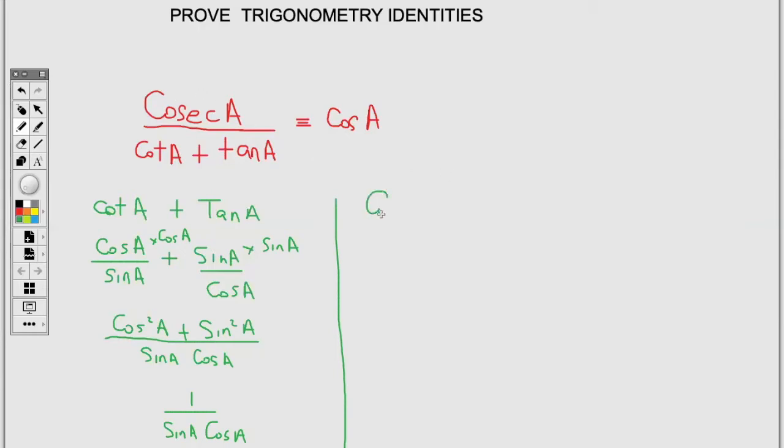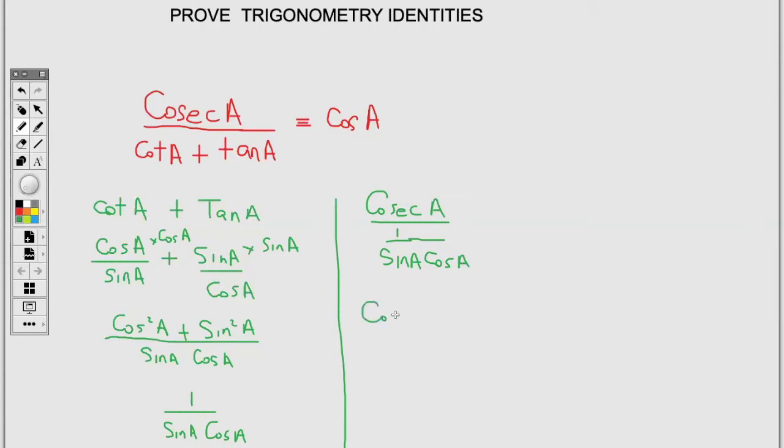So I'll rewrite the numerator for the left hand side as cosec A, and replace the denominator to be 1 over sine A times cos A. Now cosec A is in the numerator and 1 over sine A cos A is in the denominator.